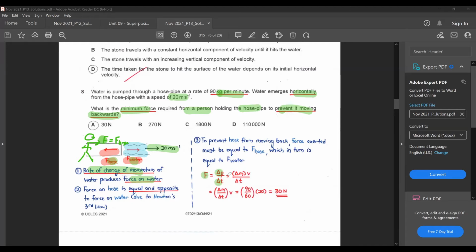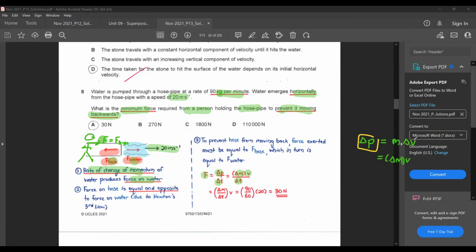It is actually change in mass times velocity divided by delta t. When you're talking about change in momentum, it can either be mass times delta v or delta m times v. It depends on the situation.